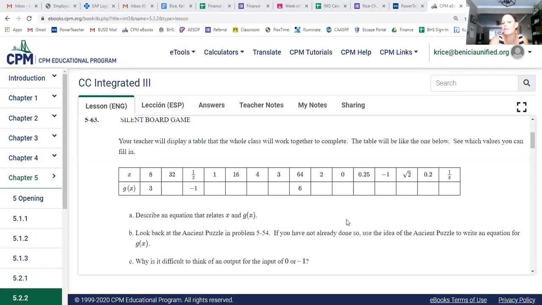So if you can fill in some of this table, again, think about what we were just doing. I can show you my paper because it has the table on it also.